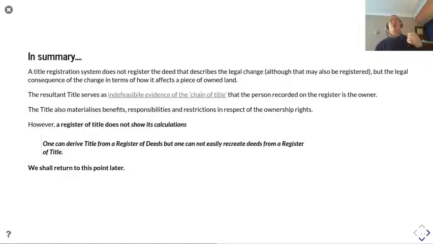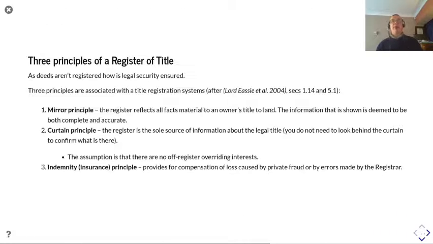The title also materializes the benefits, responsibilities and restrictions in respect of those ownership rights. However, a register of title does not show its calculations. It doesn't show how it got to this current state. So one can derive title from a register of deeds, but one cannot easily recreate deeds from a register of title. It's an important point. We'll return to it later on.